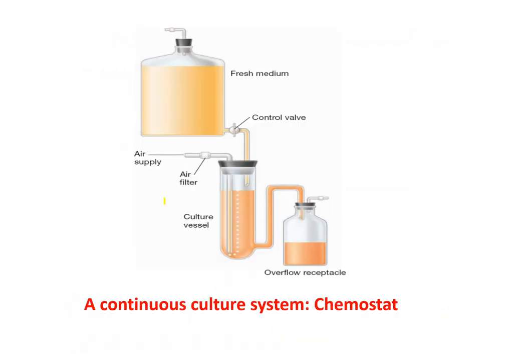This is actually the structure we were talking about, the continuous culture system. In a vessel we have a fresh medium, then this is the culture medium. From the vessel this medium is supplied into the culture medium, and here we have the air filters, a control valve is there, and we control this flow rate by the pumps.